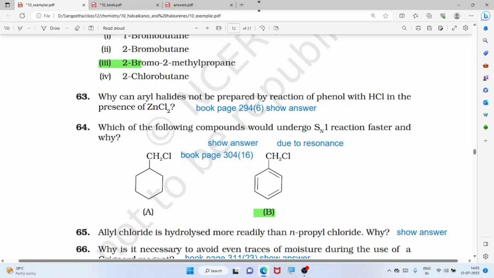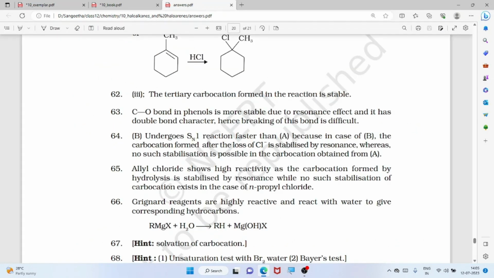Why can haloalkane not be prepared by the reaction of phenol with HCl in the presence of zinc chloride? The C-O bond in phenol is more stable due to the resonance effect. Okay, it has double bond character, hence breaking of the bond is difficult.